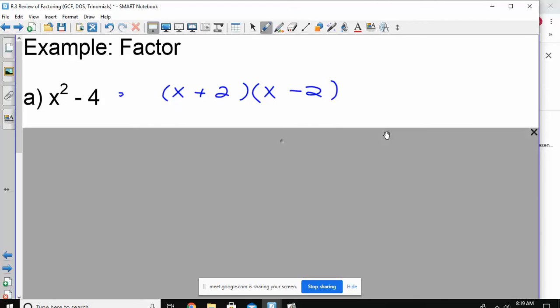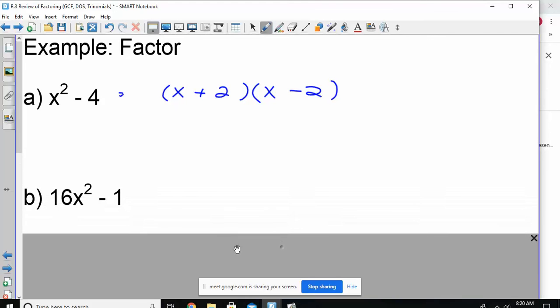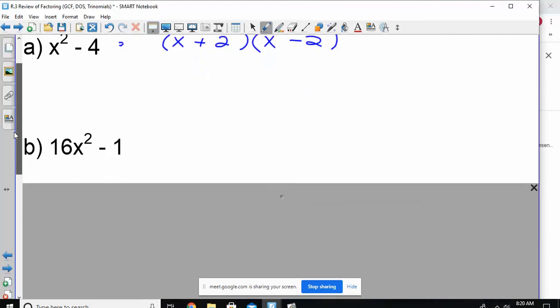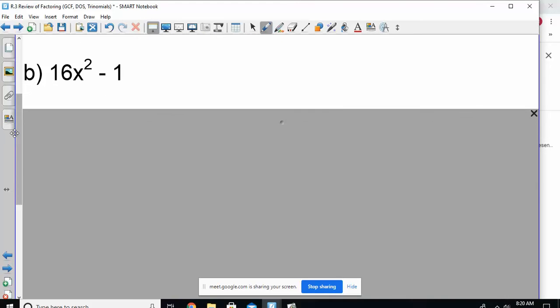So it's difference of squares. It has to be a subtraction to work, and both of these have to be perfect squares. So you guys see if you can do this one for me.